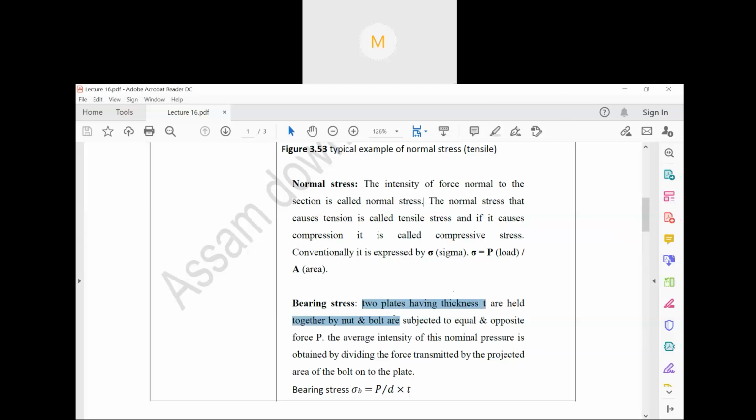Do you know what is nut and bolt? Can anyone tell me? Yes. What? It is used to join two plates. Nuts and bolts are an object which is used to join some things in mechanical. Can you give me an example?